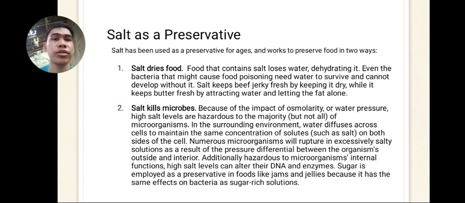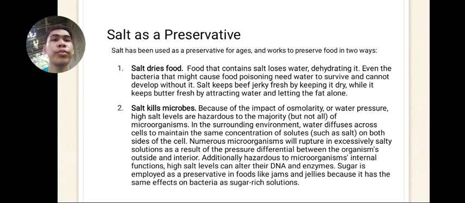Sugar is employed as a preservative in foods like jams and jellies because it has the same effect on bacteria as a sugar-rich solution. So as a preservative, first it dries the food. It dehydrates the food and removes the water content that helps the microbes increase. In the second way, salt kills microbes.